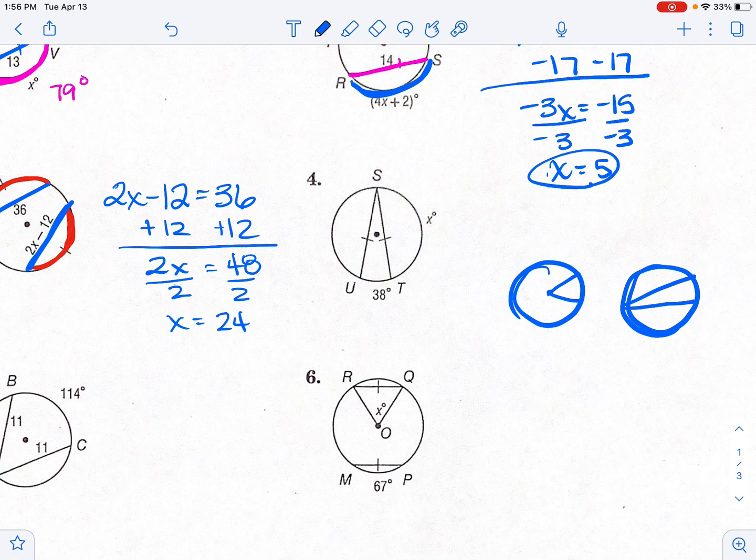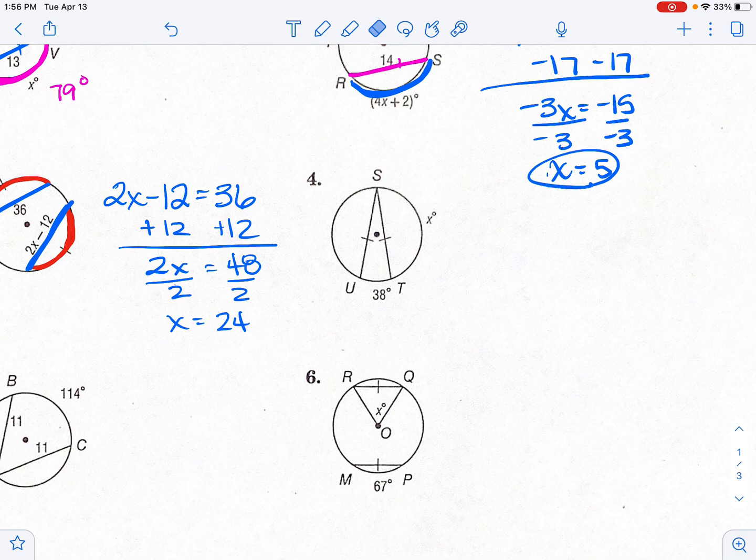Now, with the vertex in the center, the measure of the angle was equal to the measure of the arc. If it's here, then you would have to divide it. But that doesn't really help us at all. So a couple of the students tried to use this theory, but it doesn't help us.